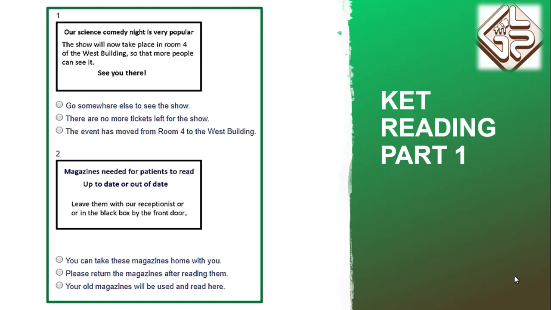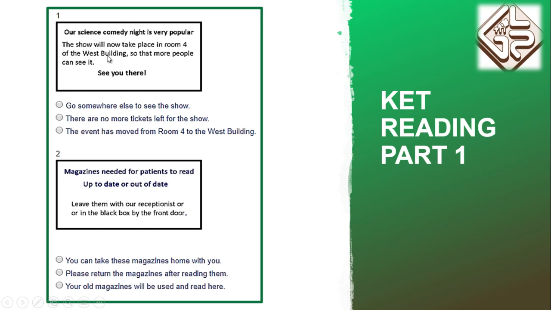All right, for us to get started, I will be walking you through examples of what the reading part 1 looks like. Okay, as you notice, guys, here you are given some notices, some news, some advertisements for you to interpret, to work out what the purpose of the message is.